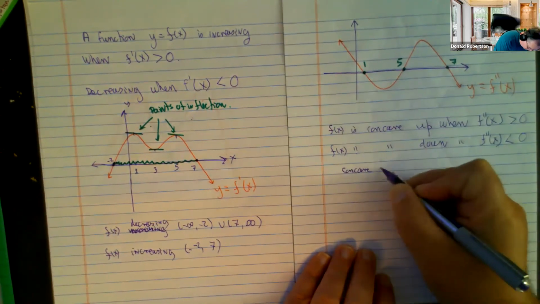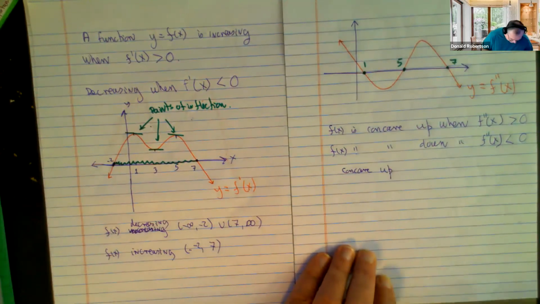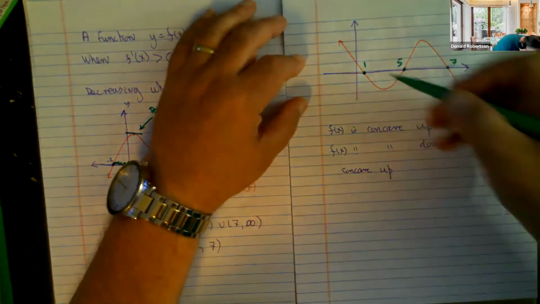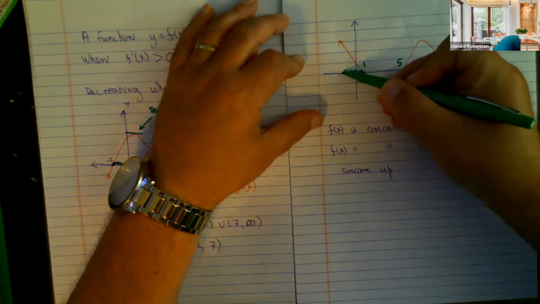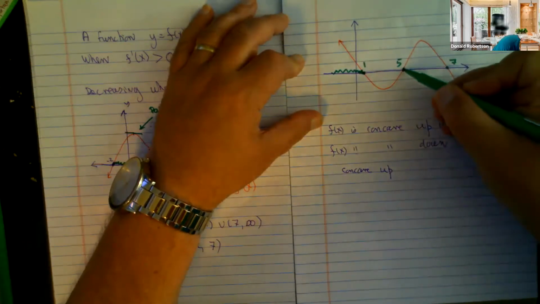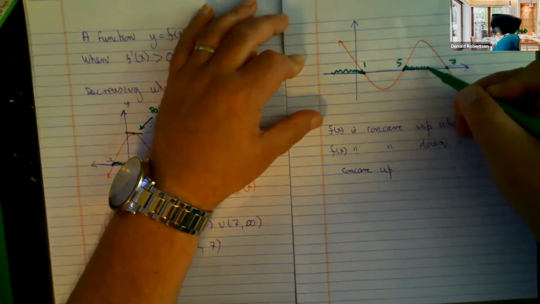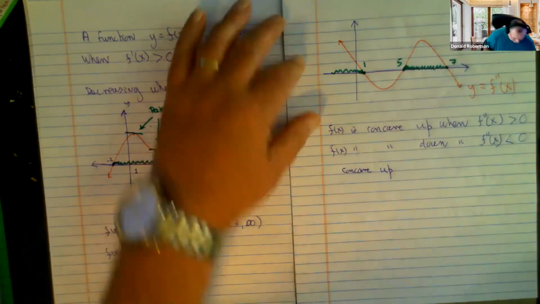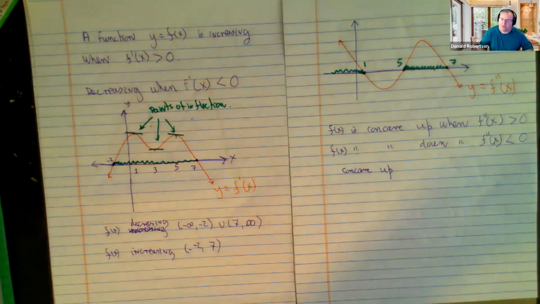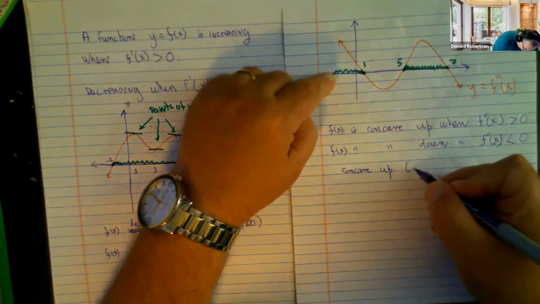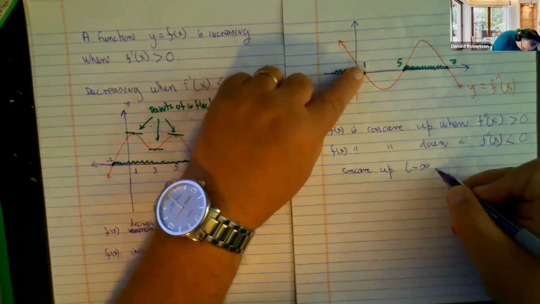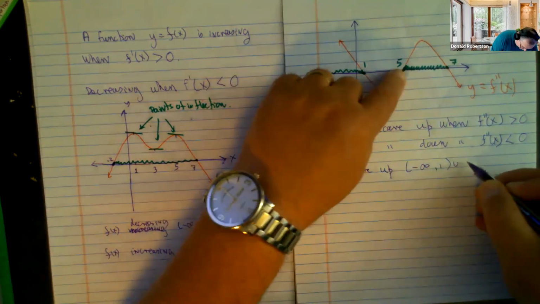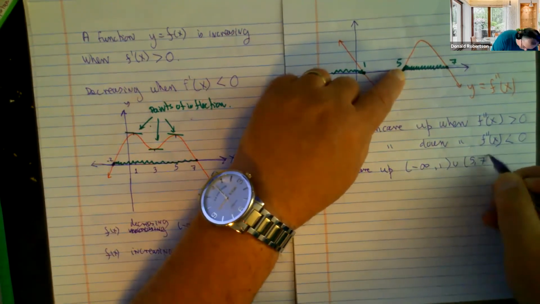Using only this graph, isn't it going to be concave up when you're there? And when you pick values from there, would you agree in both those regions, the function is above the x-axis and so it's positive? So it's going to be concave up for values of x from negative infinity to 1 and from 5 to 7.